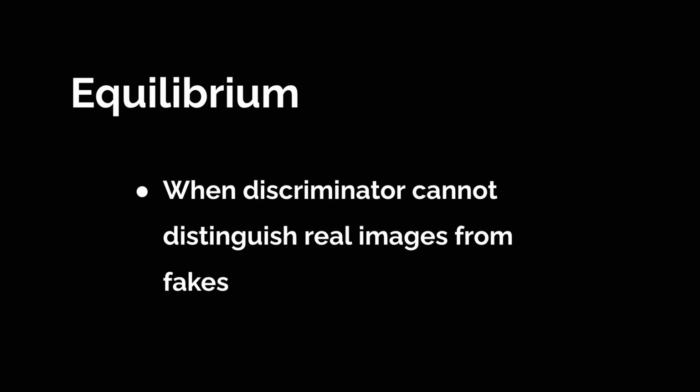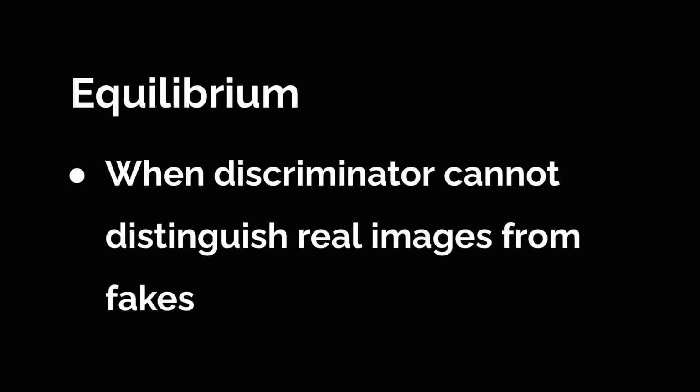You have to find this equilibrium between the two neural networks, because we have to reach equilibrium when the discriminator can no longer distinguish real images from fake images. Because at that point, you know that your generator is really good. If your generator is fooling your discriminator, then that means your generator is creating fake images that look real.